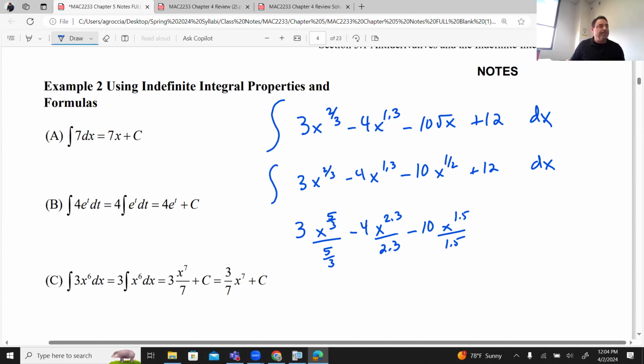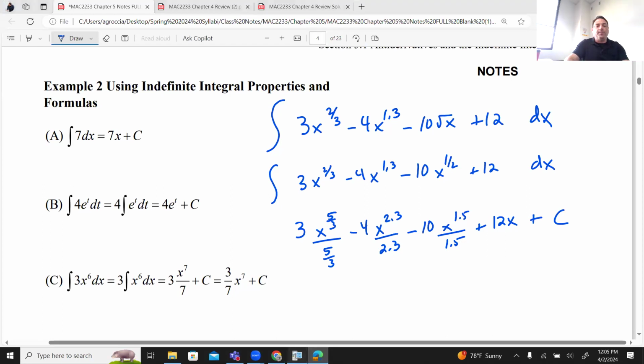They're the same thing. And then if you want to do that shortcut, what's the integral of 12? 12x, right? We talked about it's x to the 0, add 1, 1 over 1. You get that. And don't forget at the end to put what? Plus c. Now, yes, at this point, you are correct. But 3 divided by 5/3, we can clean that up.